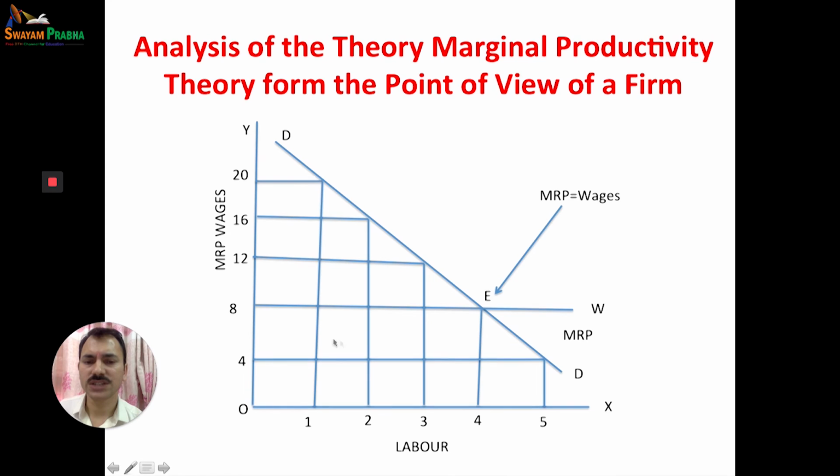As wages decrease, the demand for labor increases, and simultaneously, as you use more and more labor, the marginal product starts diminishing. There is an inverse relationship between labor and wages. The higher the wages, the less labor we use. As wages decrease, say 20 to 16, 12, 8, 4, the demand for labor in the market increases.